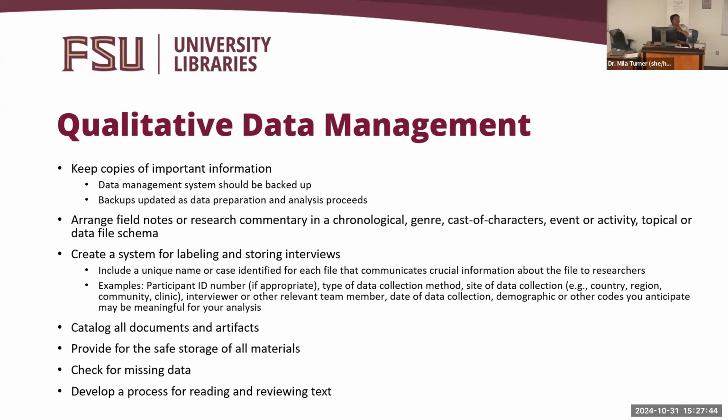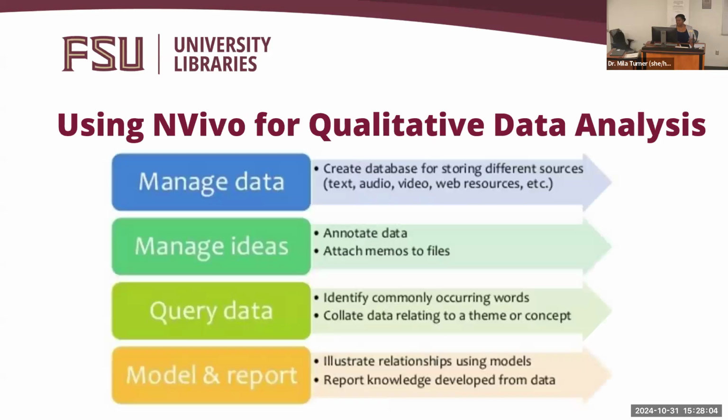Be sure you do this for all of your documents and artifacts in your project, and keep your data safe. Make sure nothing is missing. If you practice these good management techniques on the front end, then when it's time to import your project into NVivo, it'll make everything clearer and easier to understand.